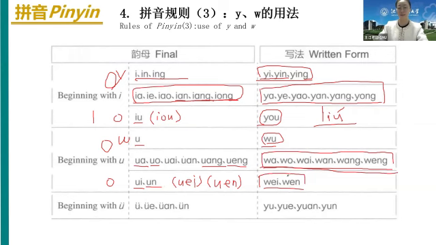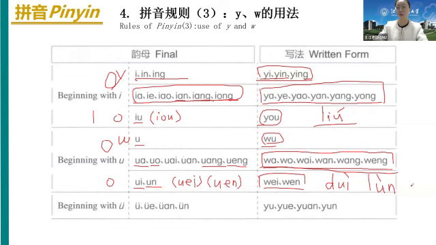Okay, and look at the 2 finals. If there is an initial in front of the 2 finals, for example, dui, lun, the letter in the middle should be omitted.